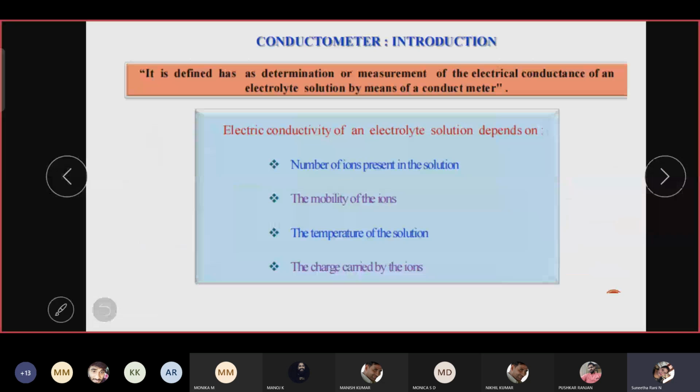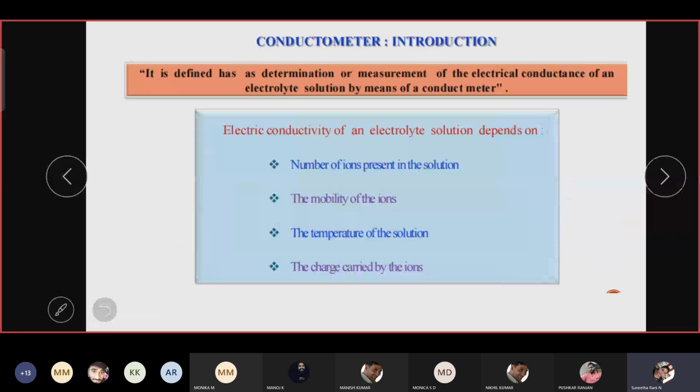The conductivity meter measures the number of ions present in the solution. The main aim of the experiment is to determine the number of ions and the charge carried by the ions.